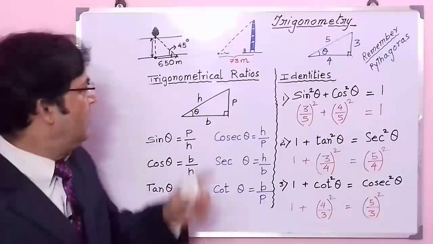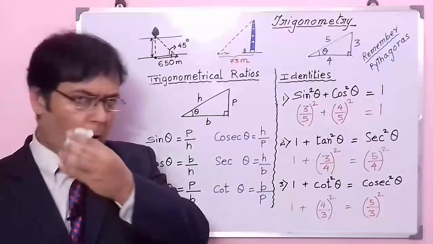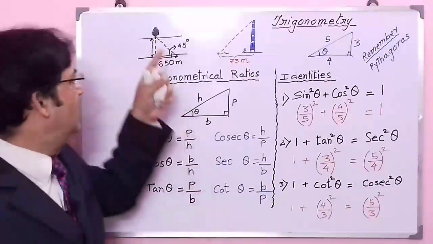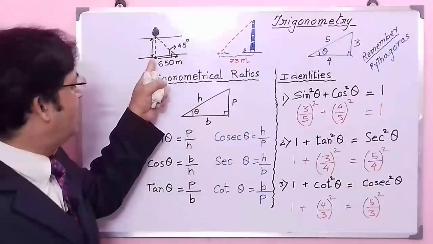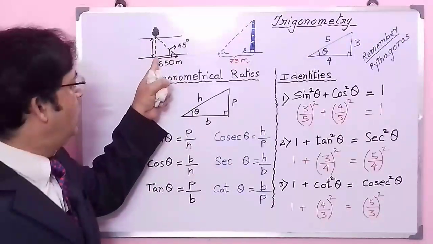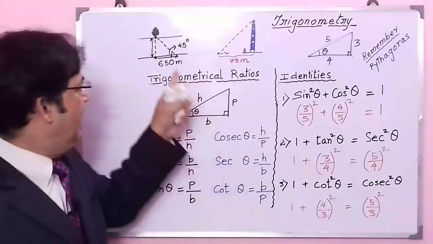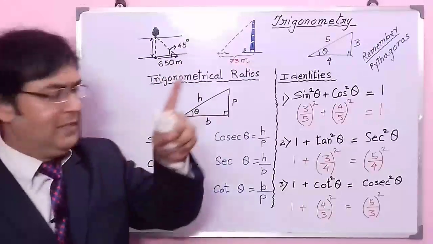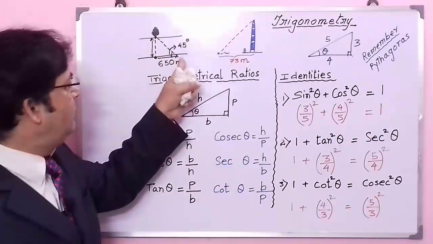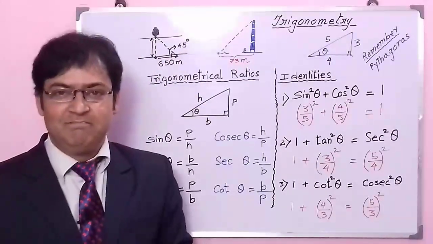So what he does, first he positions himself just at the opposite side of the tree, and then he marks that place, and then he walks away slowly, and he comes to a point where he finds that he is at 45 degrees with the tree and the bank.